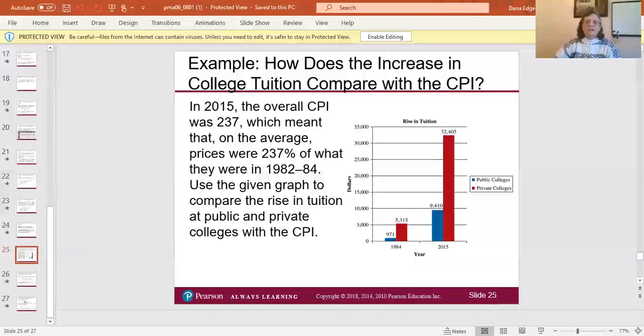So if we split it up for public colleges, it went from $971, I guess this is probably a semester, to $9,410.